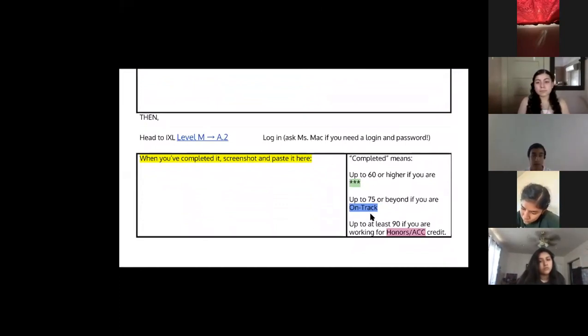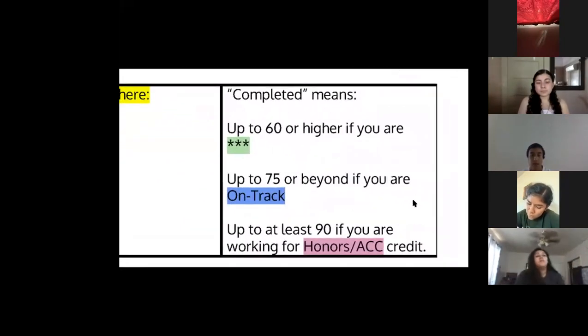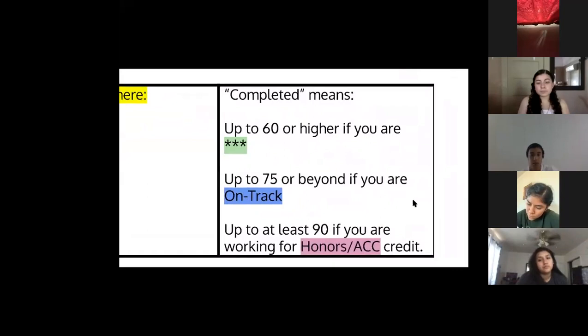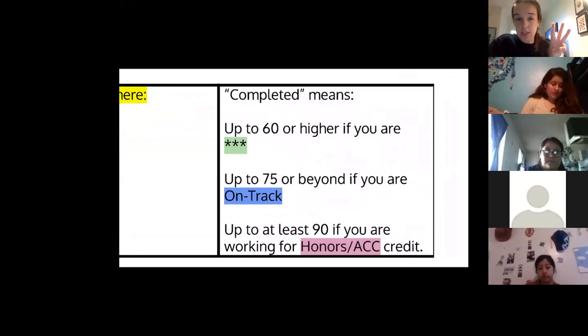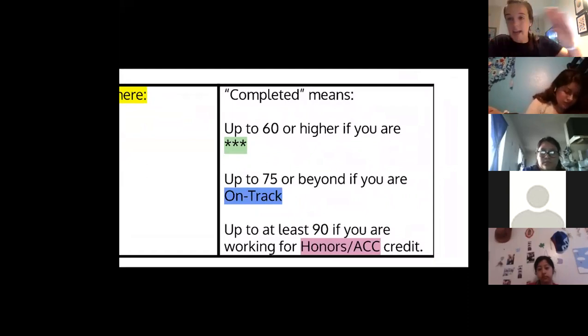Okay, team. So you do have an IXL today. I want to talk specifically about this section here. There are 3 levels that you complete for IXL. The 3 levels are star, on track, and honors or accelerated. If you are just someone who wants regular credit, like math is not too hard, not too easy, I'm just regular, you're going to go up to 75.